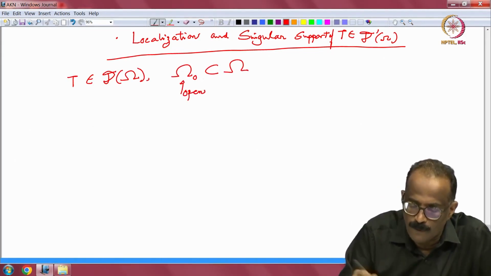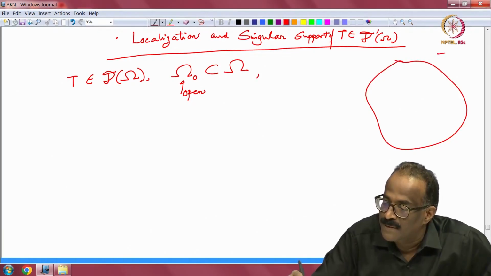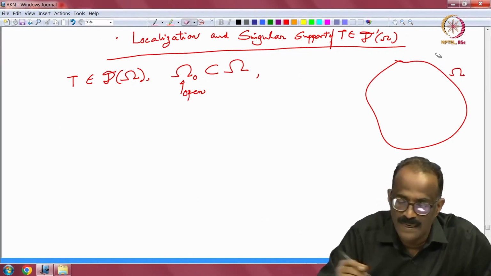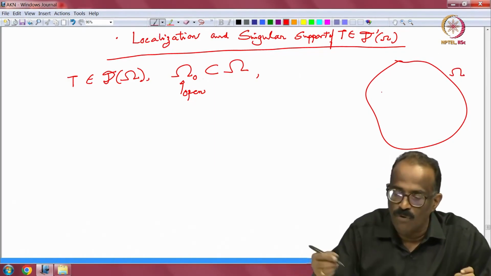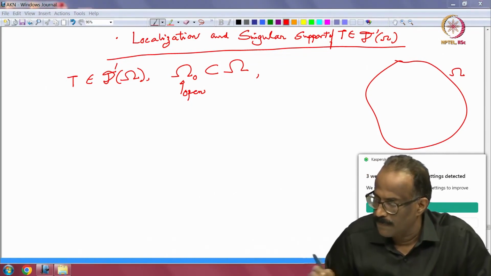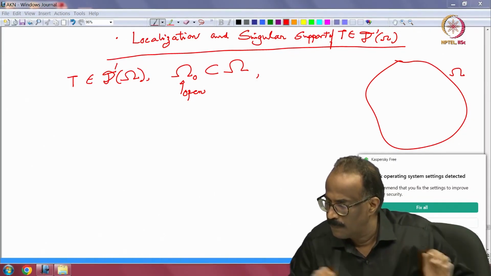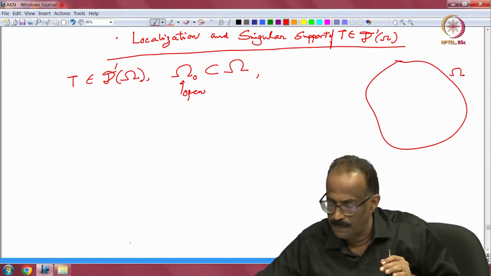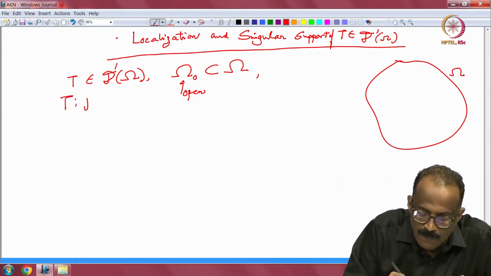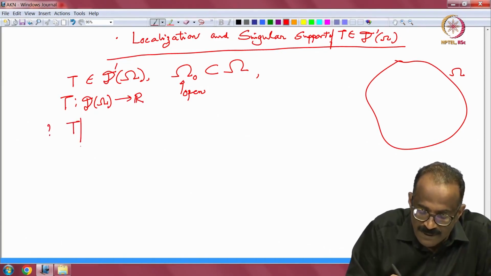I want to understand how to, so you have omega, and T is defined in D omega, so T is a mapping from D omega to R. The question is that I want to define T restricted to omega naught.